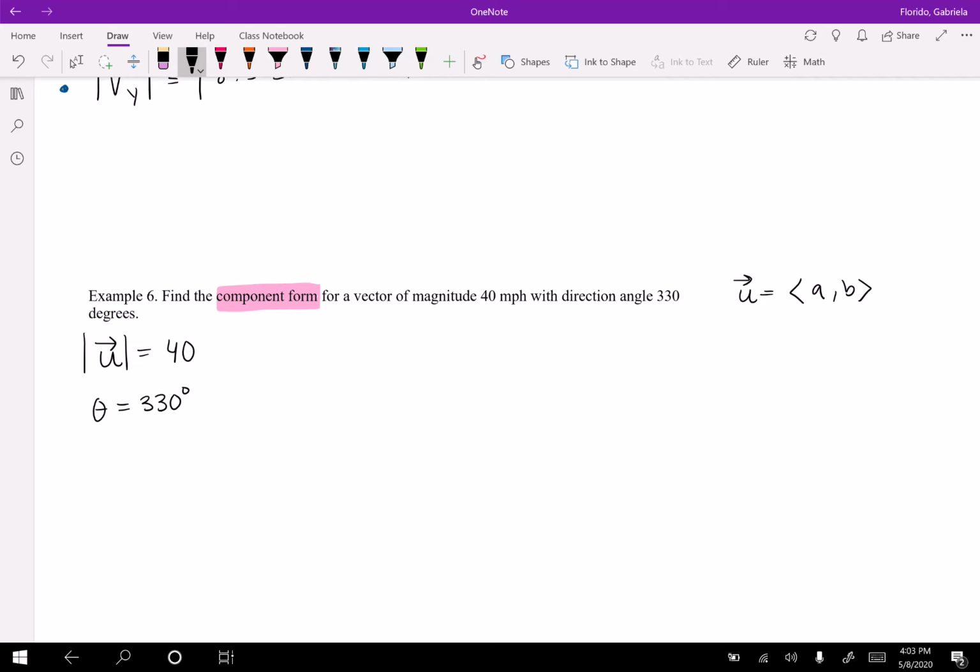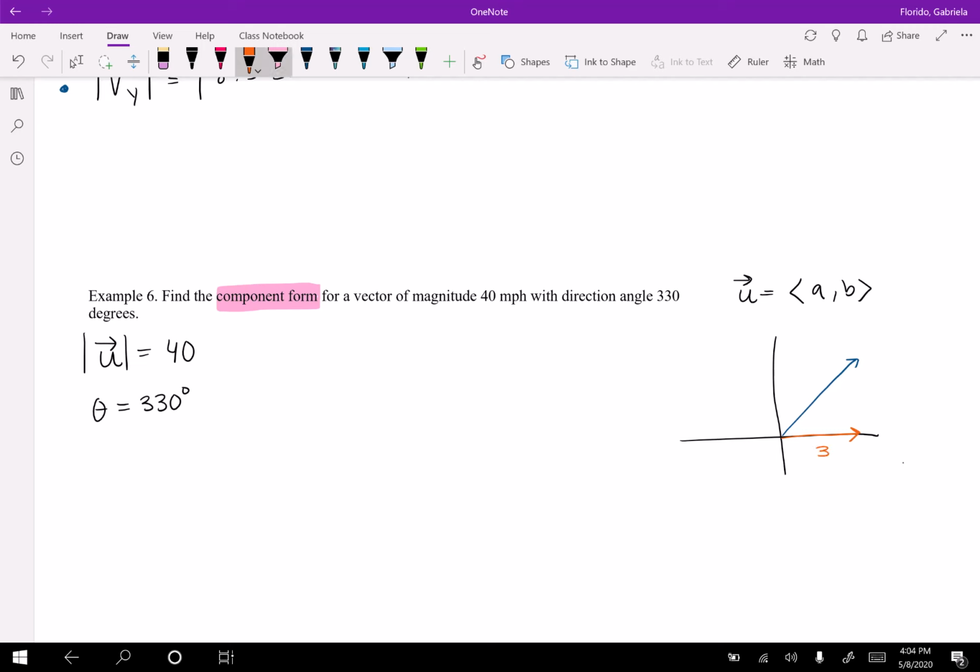Remember, let's say that I have some angle in the first quadrant, just to make things a little bit easier. And I know that the length of this horizontal component is, let's say, 3.